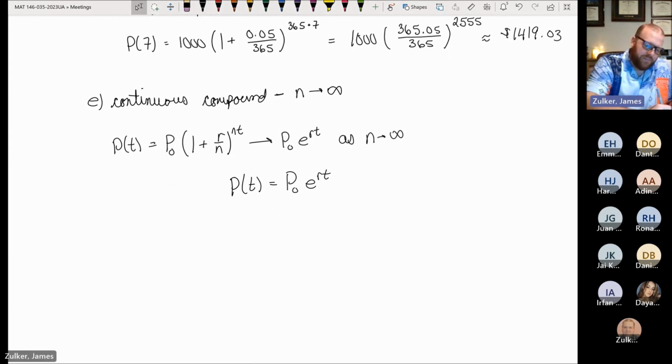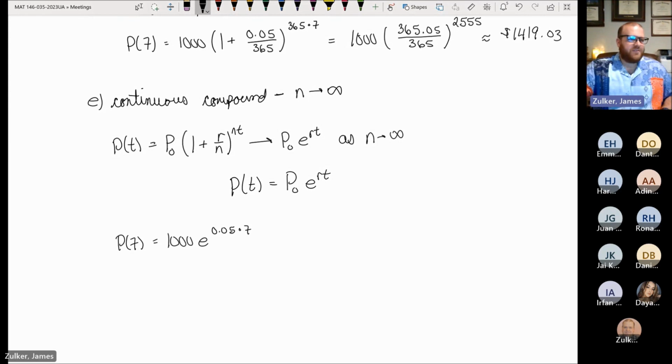That means for this problem, after 7 years, we have $1,000 E to the 0.05 times 7. Right, that's 1,000 times E to the 0.35.